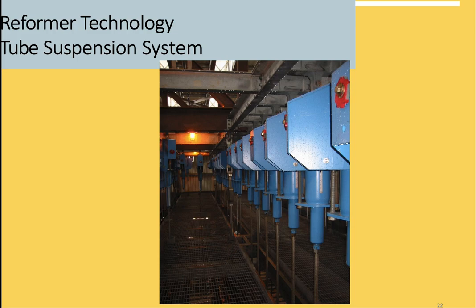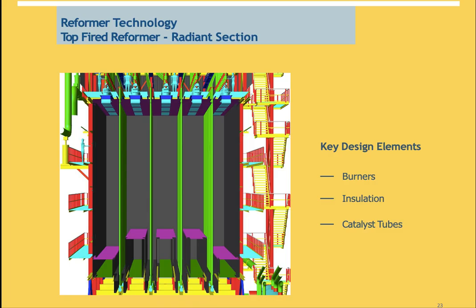And finally, for this lecture, not to take too much time, I want to tell you that this tube should be free to expand, and we ensure that by this suspension system. For the reformer, you will find a suspension system to ensure that the tube is working flexibly.